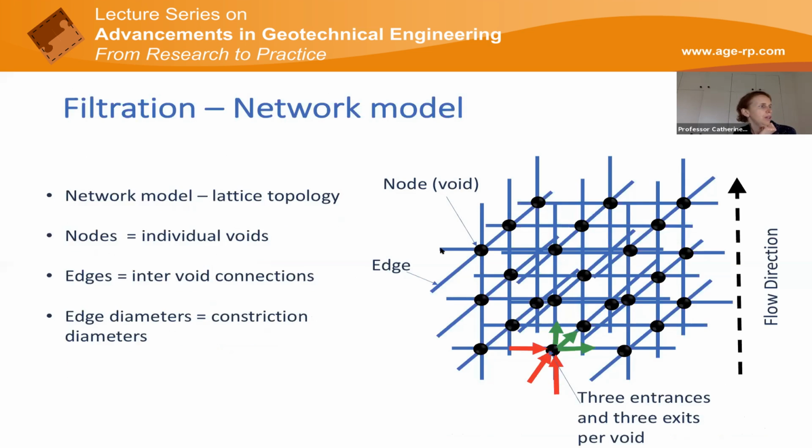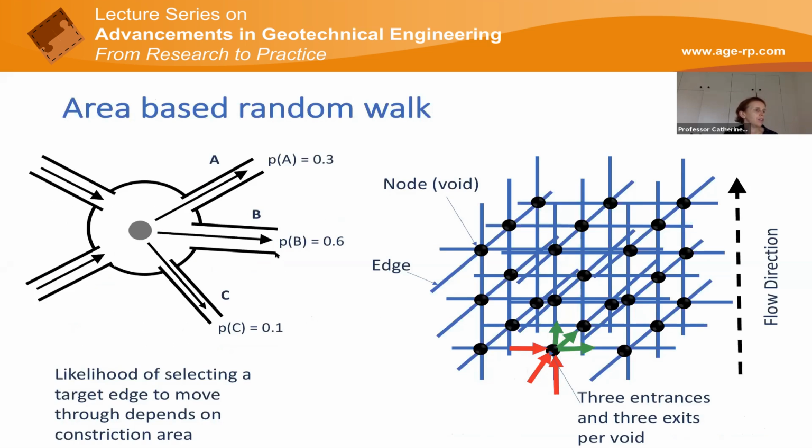And the way the model works is it's a random walk model, and we have individual nodes, and particles can come into each void through 3 entry edges, or they can leave through one of 3 exit edges. And the likelihood of picking one of the edges depends on the area of the constriction assigned to that edge.